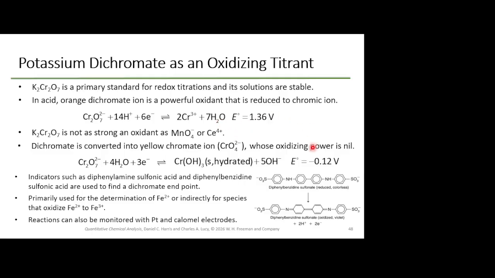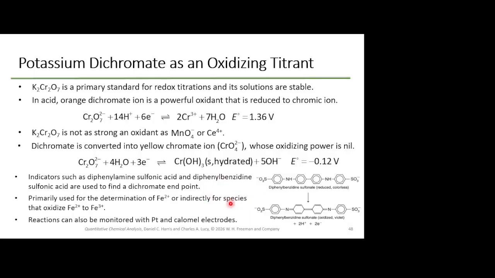The oxidation power of that is essentially nil. And so that's this reaction right here. Indicators like diphenylamine sulfonic acid and diphenylbenzidine sulfonic acid are going to be used to find the dichromate endpoints. And those are those pictures on the right.